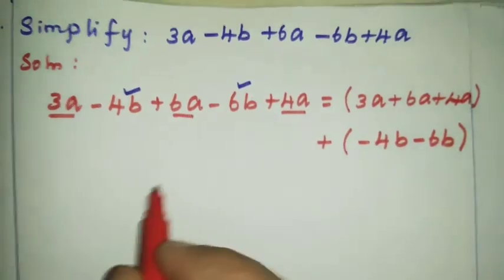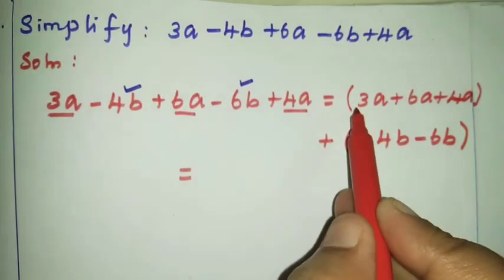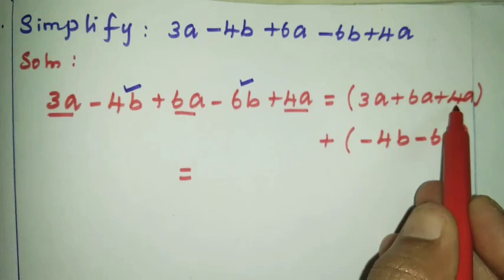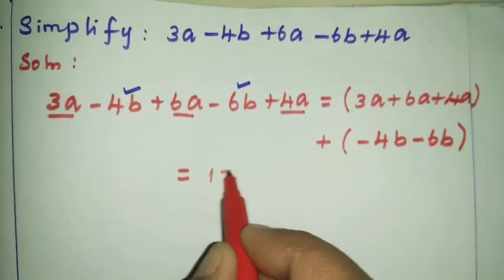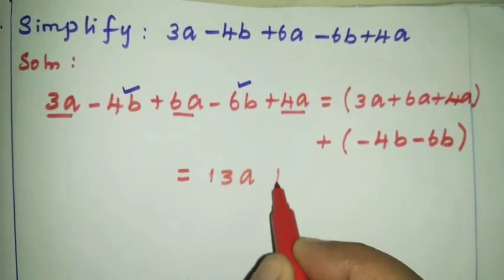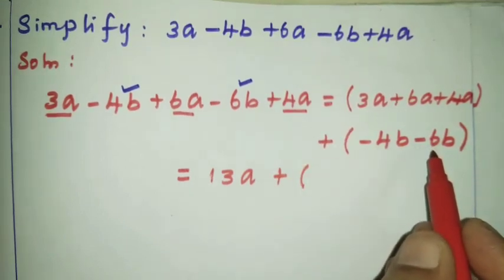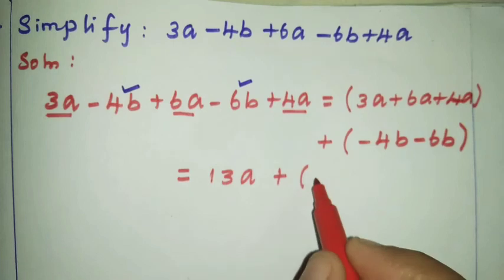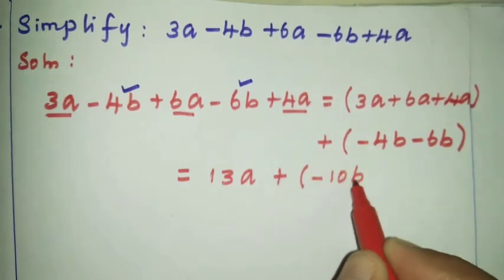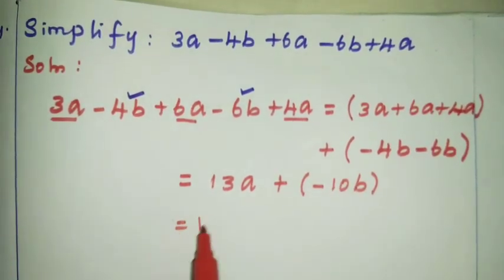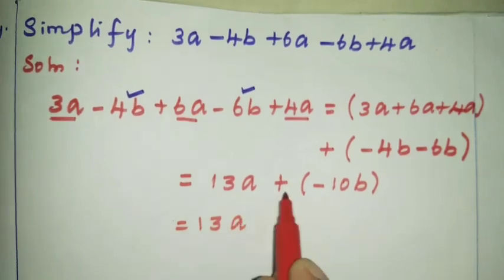Close the bracket, which is equal to 3 plus 6 plus 4 is 13. A is the variable, put plus. Here both are same sign. Same sign means add and put the sign, that is minus 10b, which is equal to 13a plus into minus minus 10b.